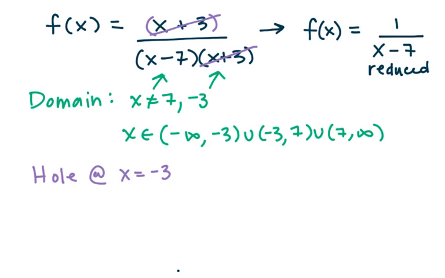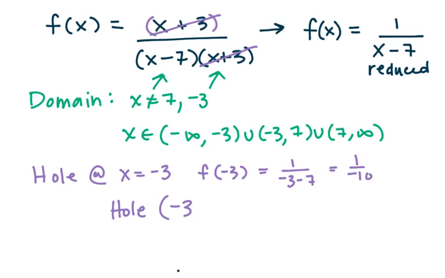So when I do that, I have f of -3 is 1 over -3 minus 7, or 1 over -10. So my hole is -3, -1/10.